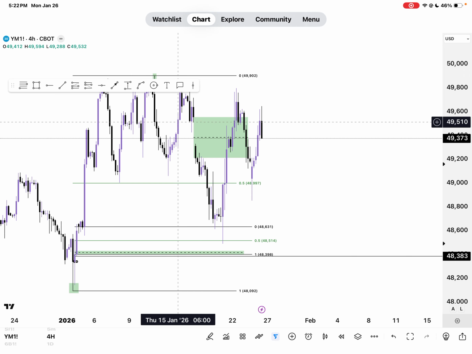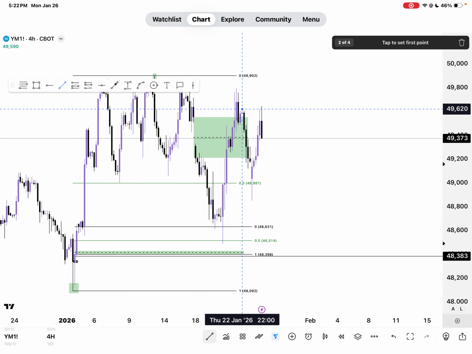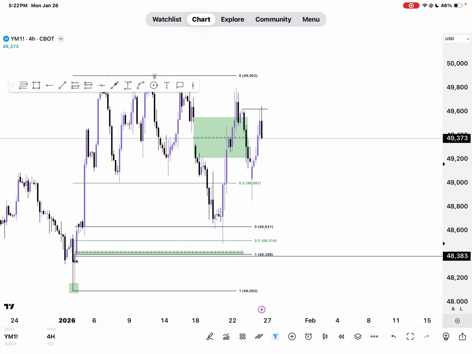There's a lot of things going on with the companies comprising the Dow Jones. So right now, there's not really much to say other than we could be looking at this liquidity point here. This is very subtle. Yeah, that's very subtle there. But nonetheless, it's a liquidity point.